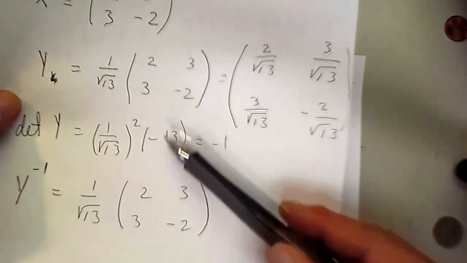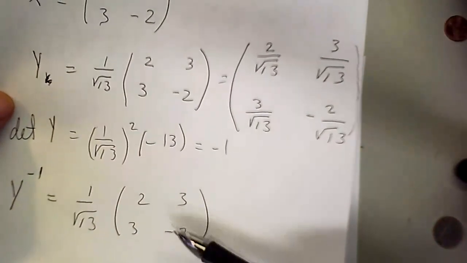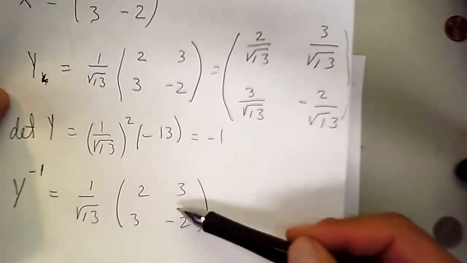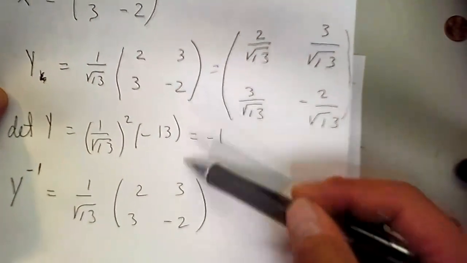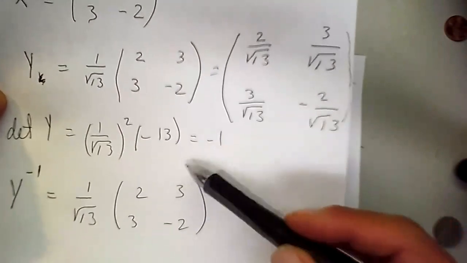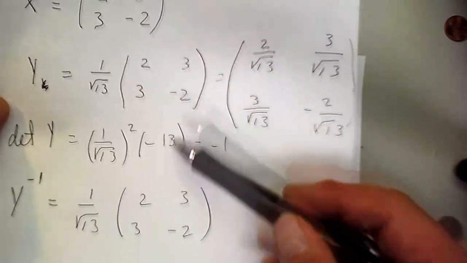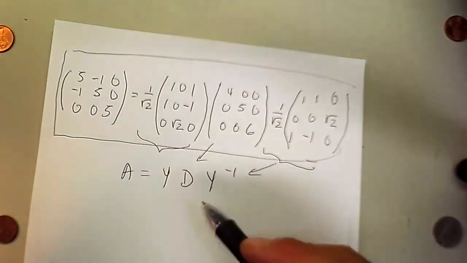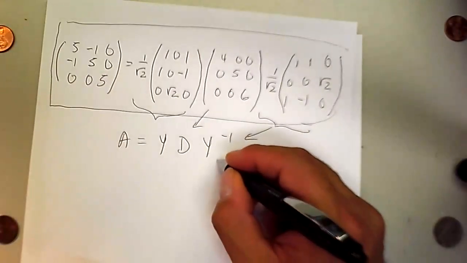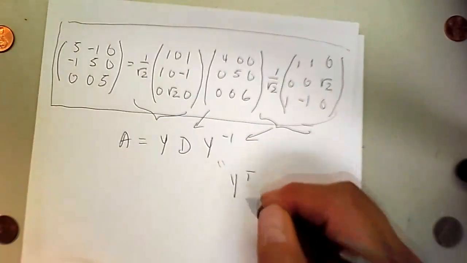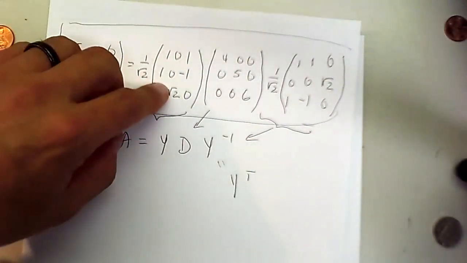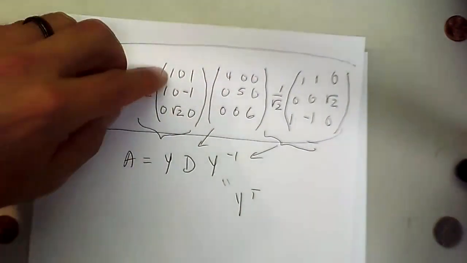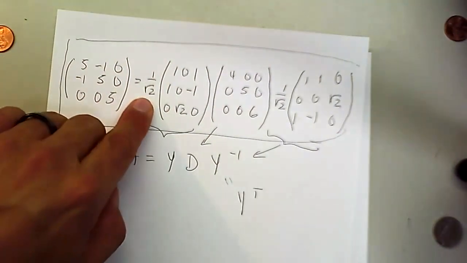This matrix is symmetric, but that was a coincidence. Don't think that you will end up with the same matrix. You will end up for sure with a transpose. So what I want to say is that this is the same as Y transpose. Why? Because this was orthogonal. So all the columns were of length 1, and that's why we factor out the square root of 2.